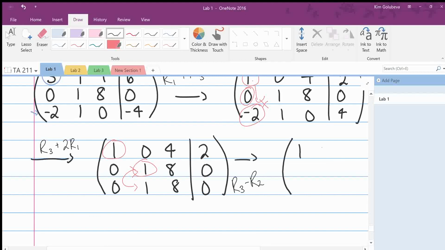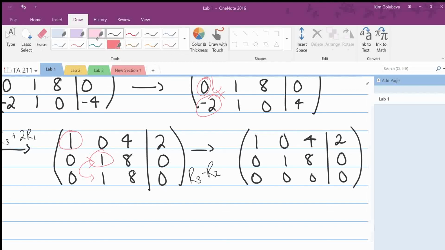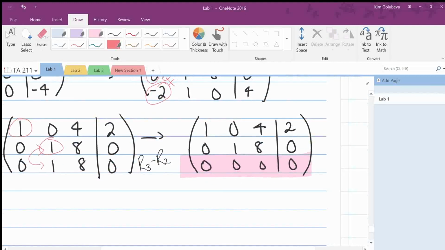So now we end up with 1, 0, 4, 2, 0, 1, 8, 0, and we end up with a row of zeros here. This should look familiar. So we have a row of zeros, so we know we have infinitely many solutions, and when we have infinitely many solutions, that means that we're going to have a parameter.